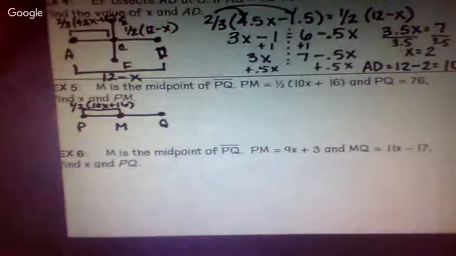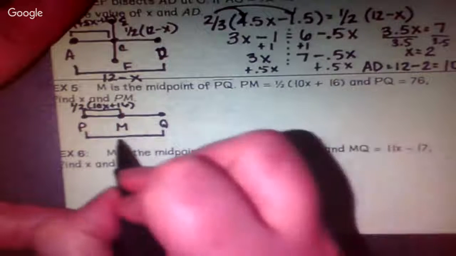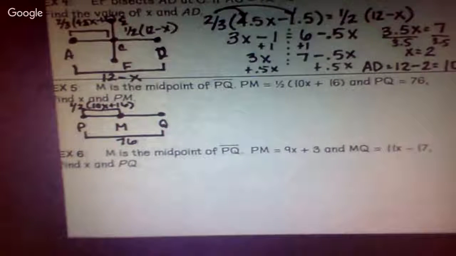It then tells me that from P to M is 1/2 of 10x plus 16. And then it tells me from P to Q is equal to 76.